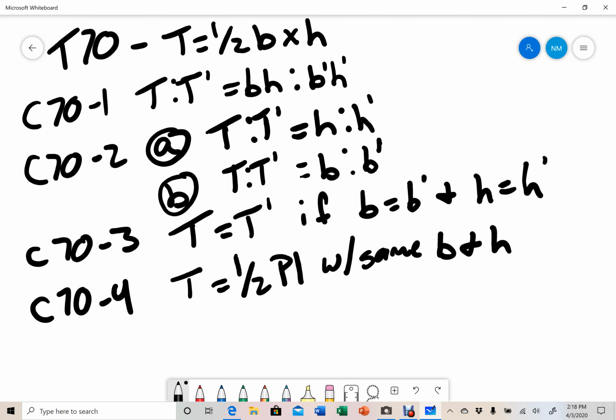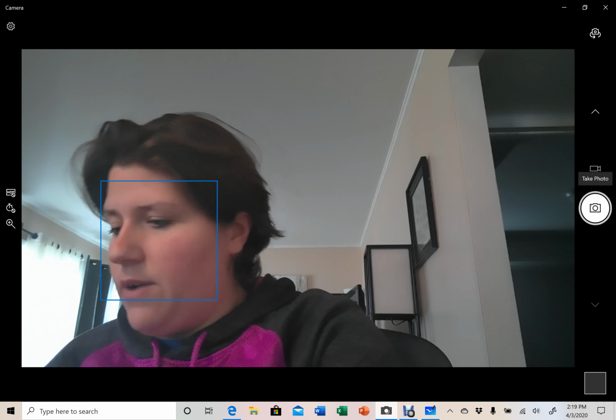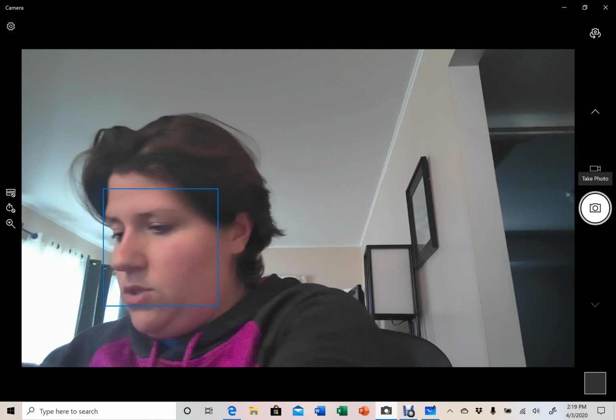Let me look over the homework real quick here and determine which ones we're going to do. But I know we're going to do number 1. So go ahead and find number 1, and we're going to do that one. And then also, let's do number 1, 2. Let me mark these so I don't forget them.